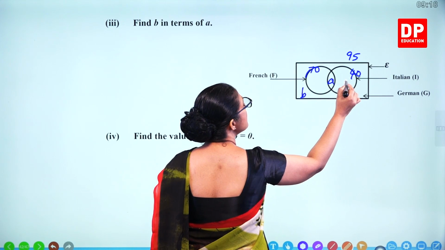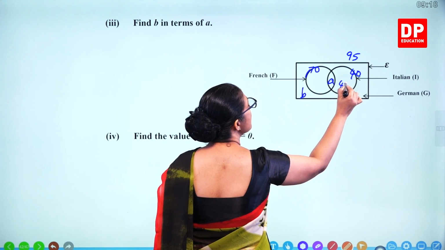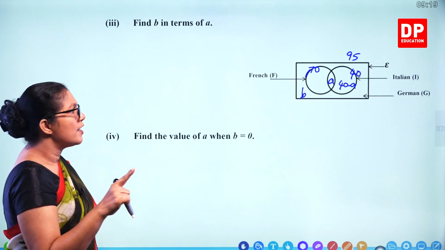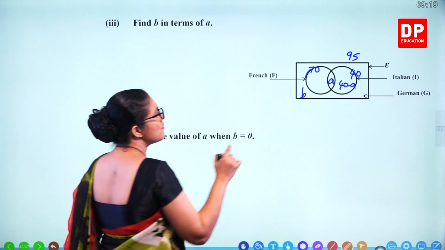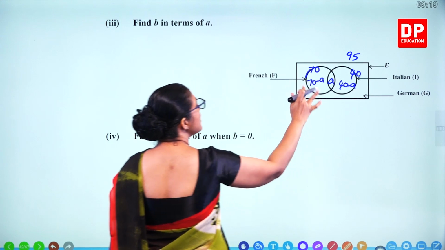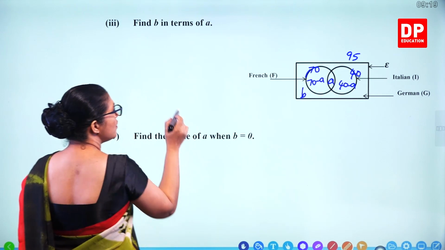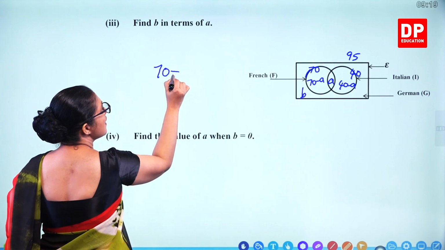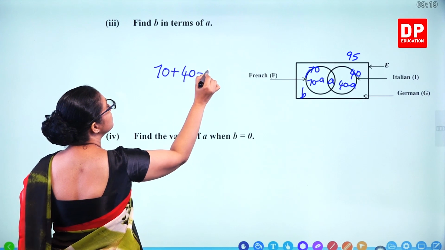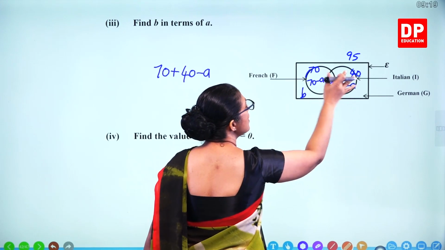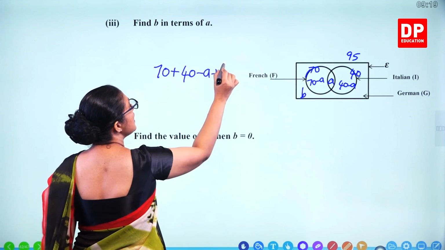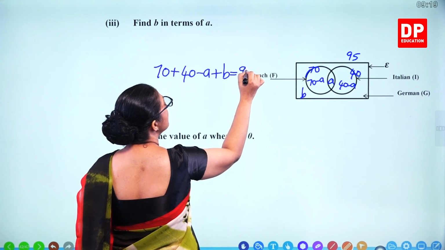What is this one? This region becomes 40 minus A. Now we'll write down all these values should be equal to 95. If you want, you can write 70 minus A as well. But if you are taking the full circle, we can include that 70 there. And then 40 minus A. This region, now both circles are okay, plus B equals 95.